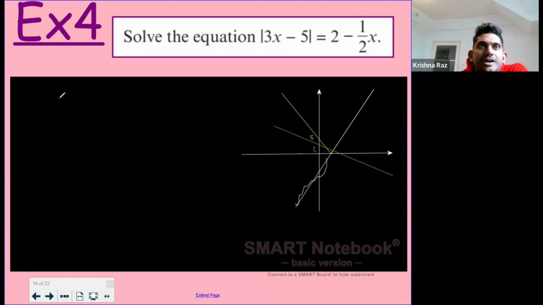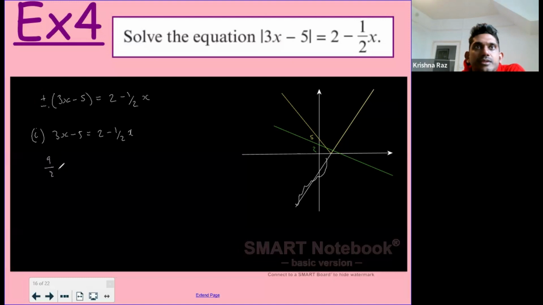So now let's solve. So I have the positive and negative of 3x minus 5 equaling 2 minus a half x. So if we look at the positive first, 3x minus 5 equals 2 minus a half x. So plus the half x to 3x, so I get 4.5x. And 2 plus 5 is 7.